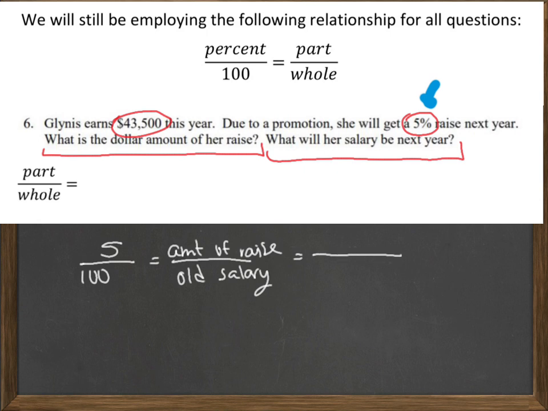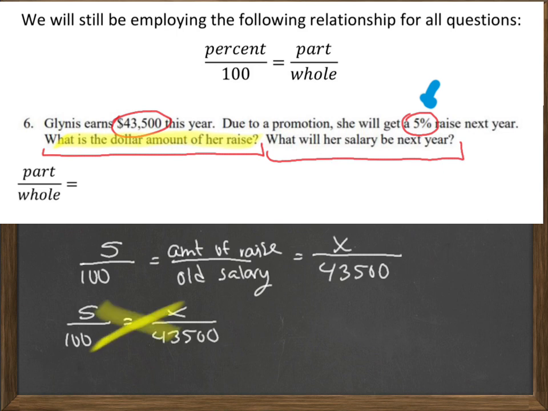What we want to find is the dollar amount of her raise. That's the mystery number, so that's going to be X. But we know her old salary is $43,500. So we're going to have 5 divided by 100 is equal to X over 43,500.